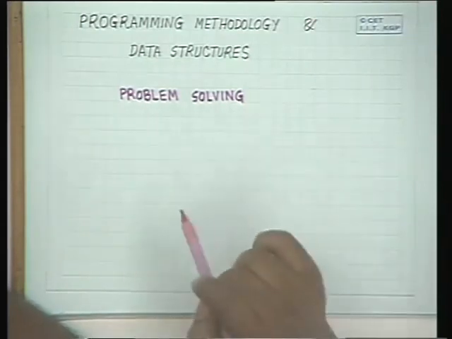Now the first thing that we have to remember about problem solving is that we are solving the problem on a computer. And the computer has got a particular structure, a particular architecture, and we have to remember that we are going to solve problems on that machine. On the other hand, problem solving is not merely a process of programming.